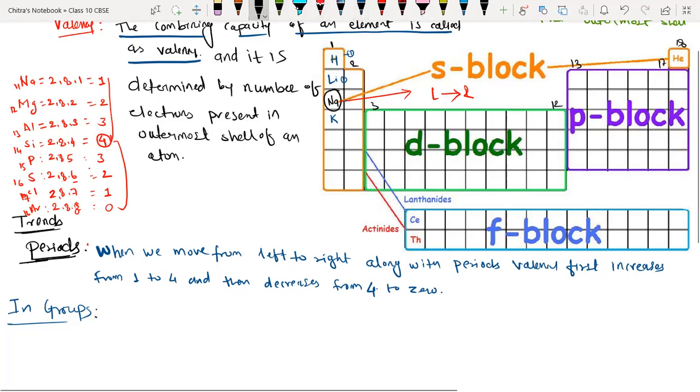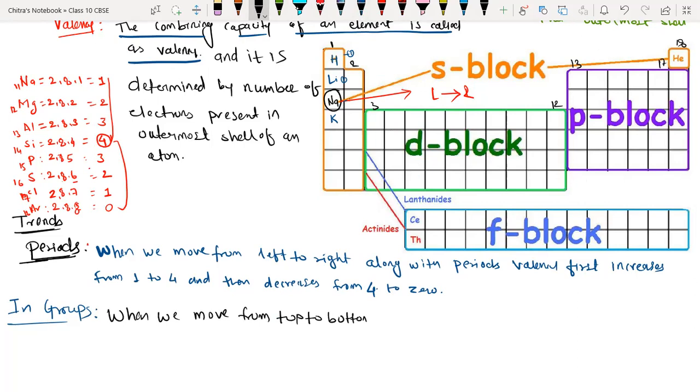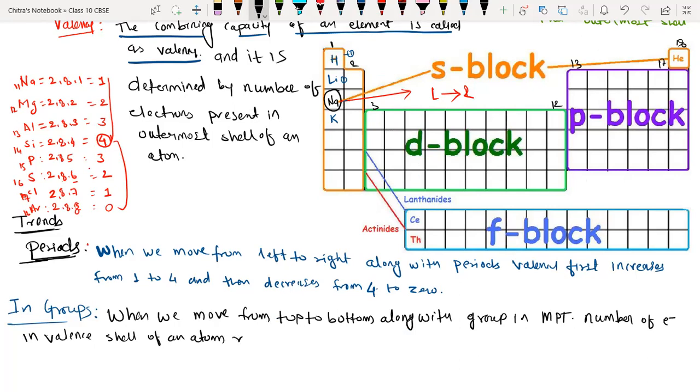So in groups, when we move from top to bottom along the group in the modern periodic table, the number of electrons in the valence shell of an atom remains the same.